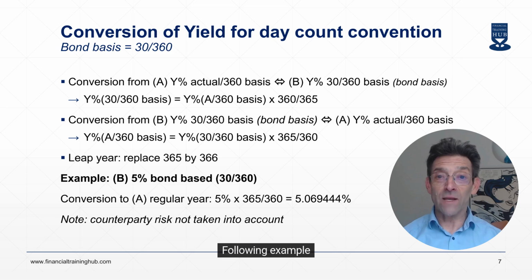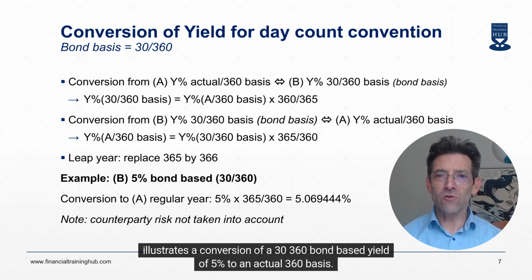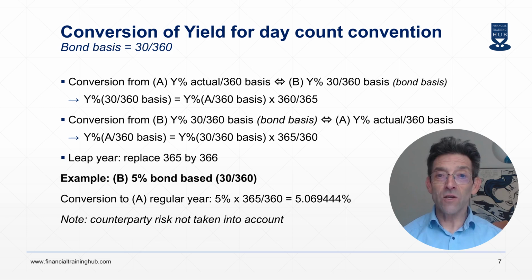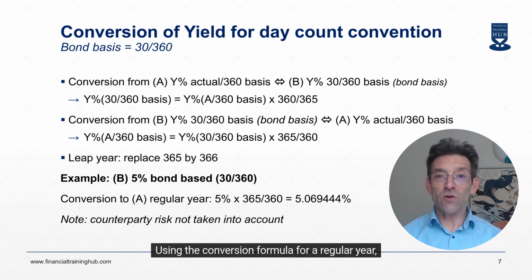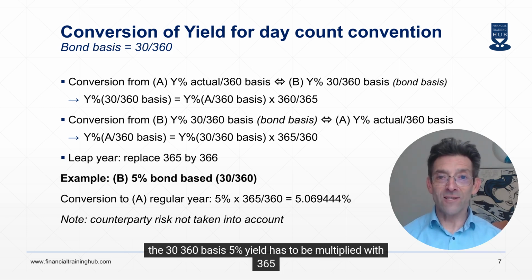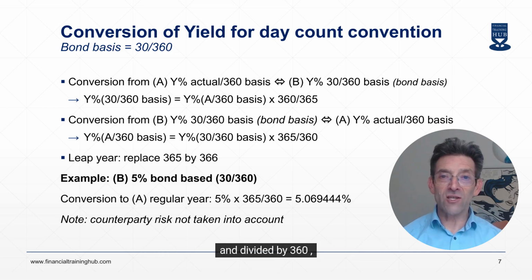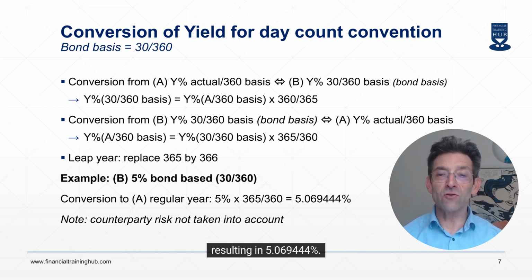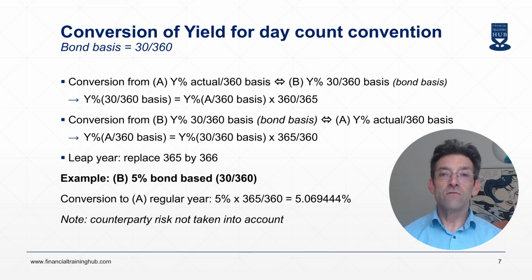The following example illustrates a conversion of a 30/360 bond-based yield of 5% to an actual 360 basis. Using the conversion formula for a regular year, the 30/360 basis 5% yield has to be multiplied with 365 and divided by 360, resulting in 5.069444%.